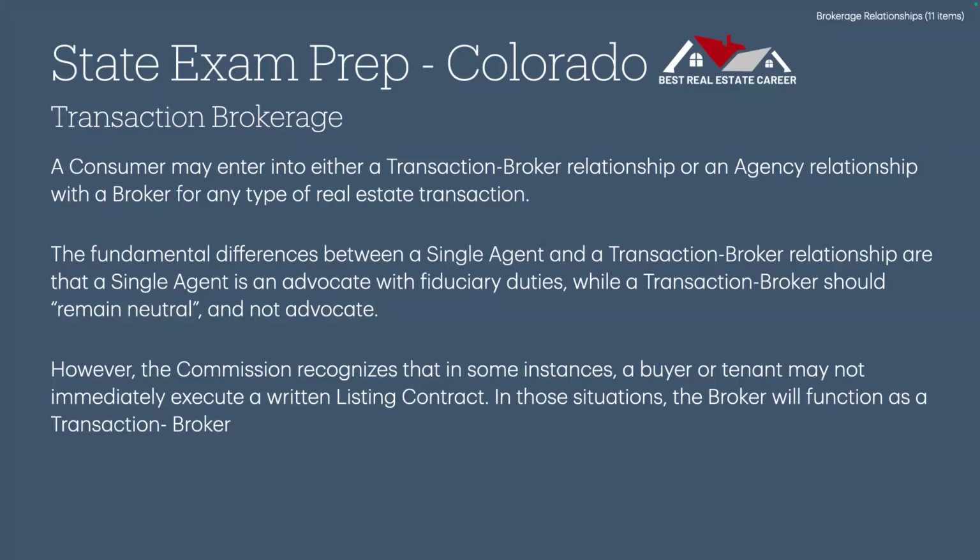Fiduciary points to agent all day long on your test. And it says a transaction broker remains neutral, is not an advocate. You're a referee. You're a paper pusher. You represent the transaction. You do not represent anybody.